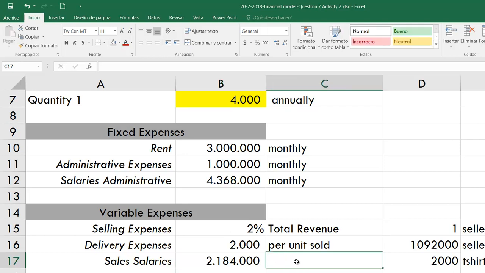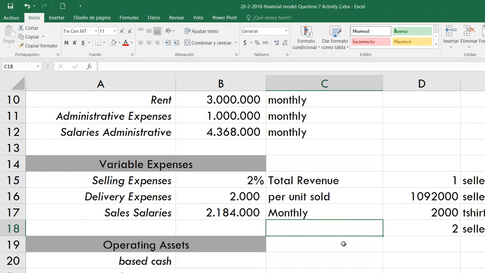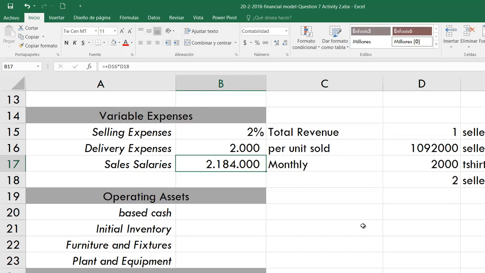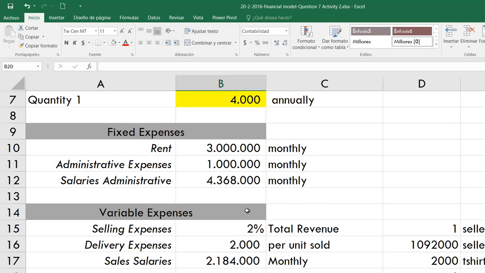But this is a monthly expense, because the salary is paid monthly. I mean, it's paid every 15 days, but I consider it in my income statement as a monthly payment. Operating cash is defined depending on how much cash I consider I need to pay salaries, utilities, and so on.